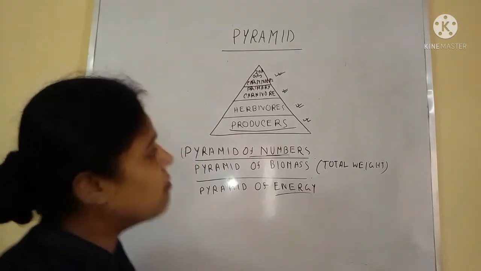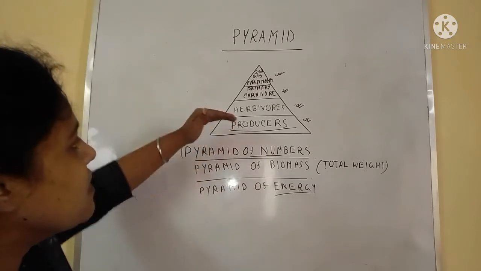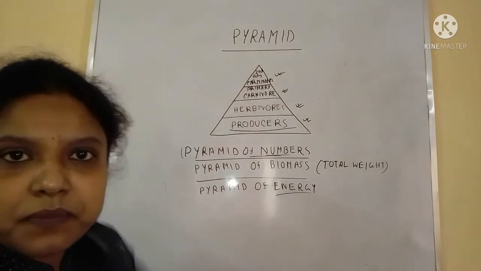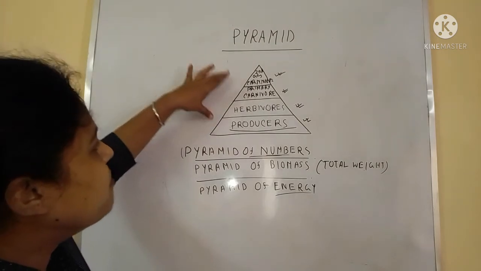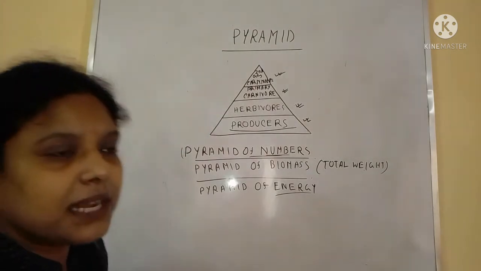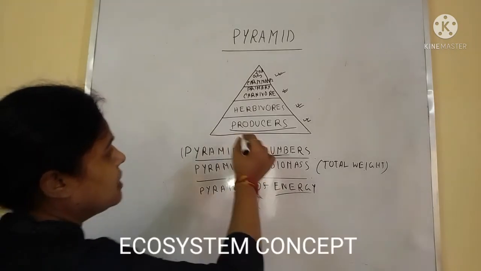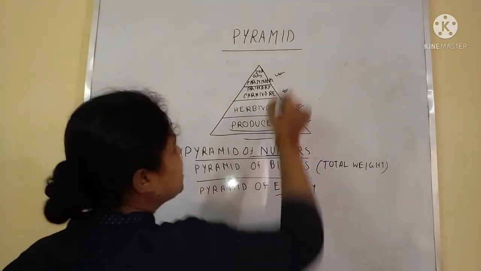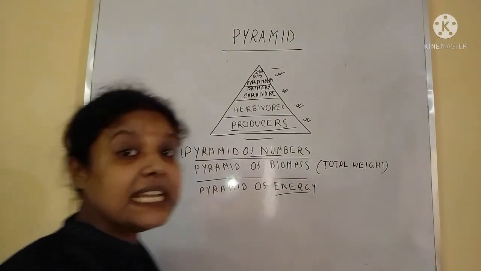That means the number of individuals decreases from base to top. Clear? So that's why it is called the pyramid of numbers. That means when we go from the base to the top, we can see the number of individuals decreases.